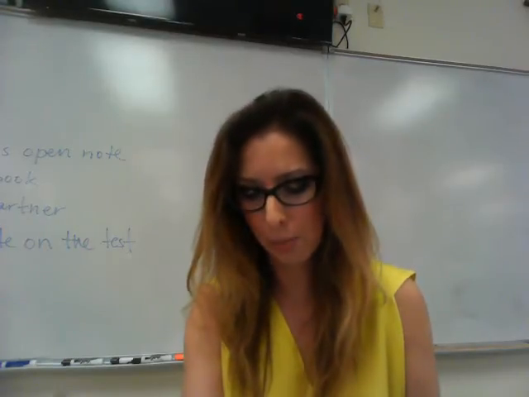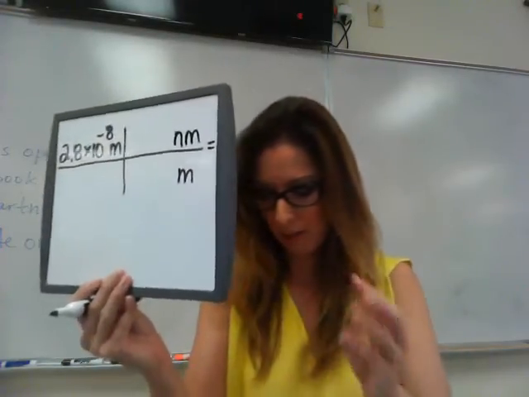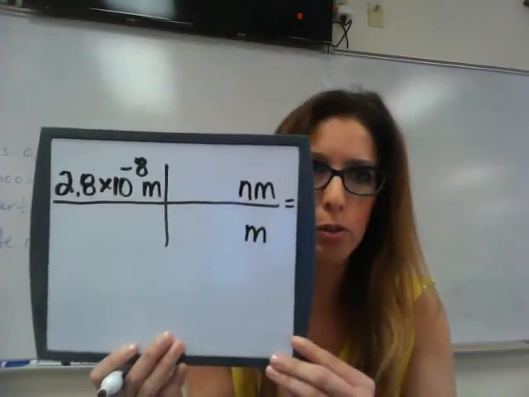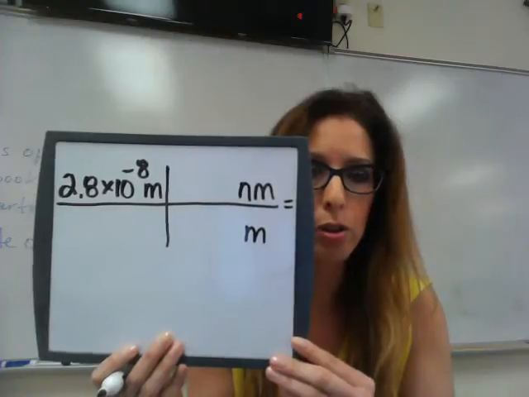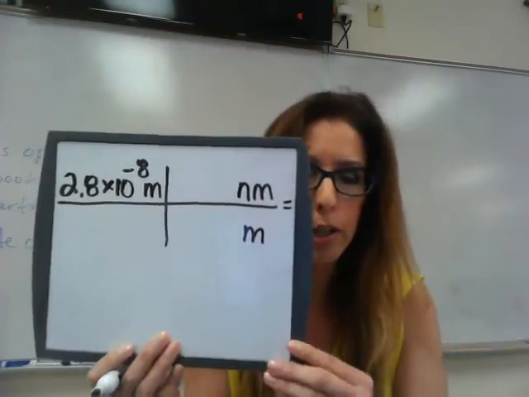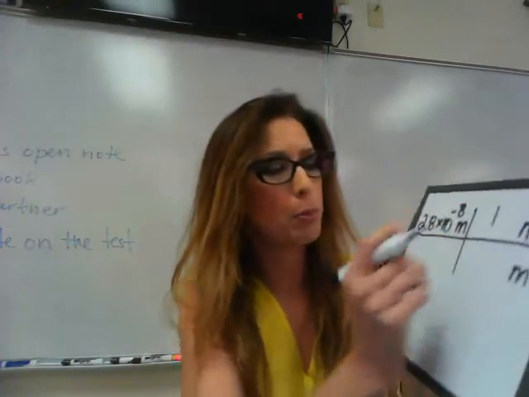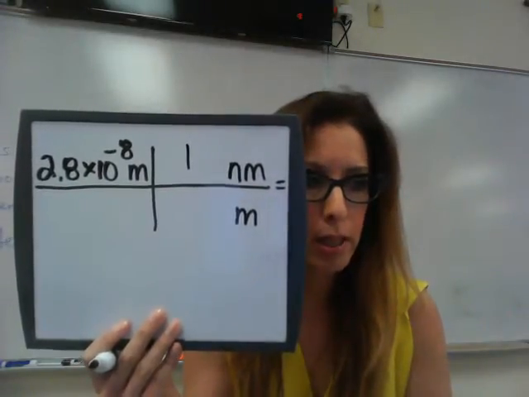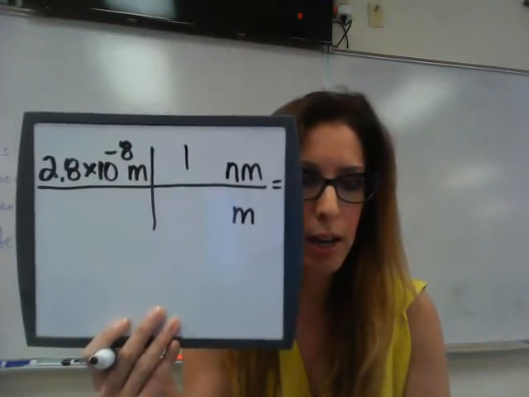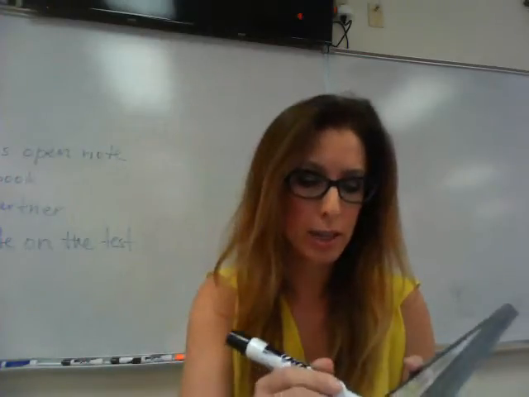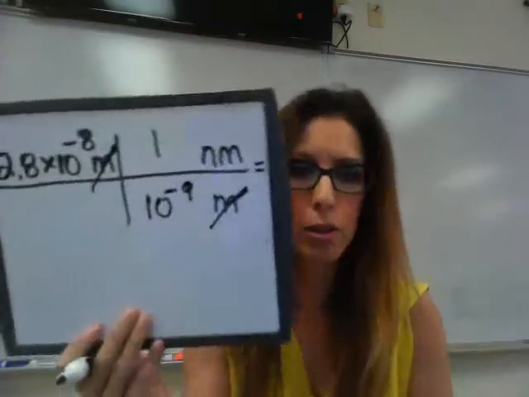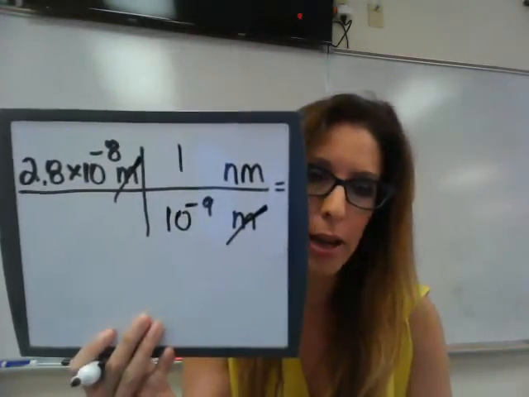So we're setting it up to look like this. You were given a number in standard scientific notation, so we put it in the upper left-hand corner with the base unit. I put the number 1 on top because that's where I have a prefix. Nano stands for 10 to the negative 9. So I'm going to put 10 to the negative 9 on the bottom, and then meters is going to cancel out because they're on the diagonals.